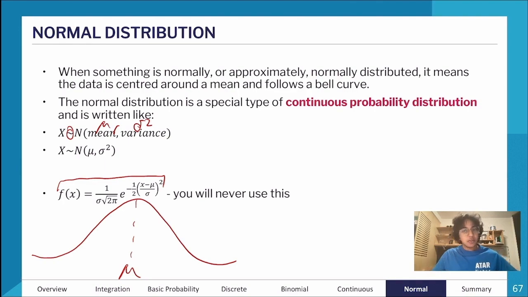You can maybe have a go chucking it into your calculator, maybe for fun throw in mu equal to 1, sigma equal to 1, or mu equal to 0, sigma equal to 1, which is your standard normal distribution. And maybe integrate it from 0 to 1 and see what you get. Your calculator might chug for a while, but it should spit out a nice value. But you'll never use that, so don't worry about that too much.